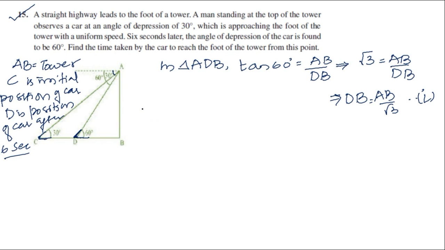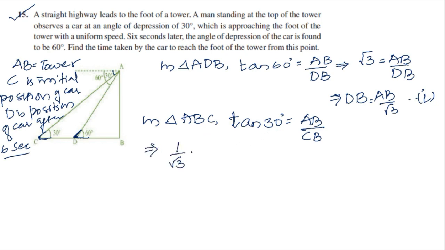Have a look at the triangle ABC, the larger triangle. In this triangle, tan of 30 degrees is AB upon CB. Tan 30 degrees is 1 upon root 3. This is equal to AB upon, instead of CB, let me write CD plus DB.